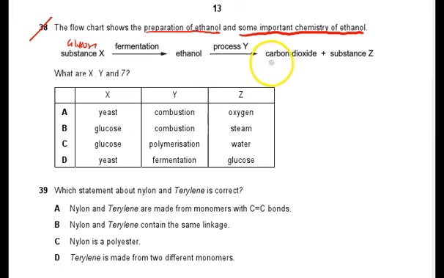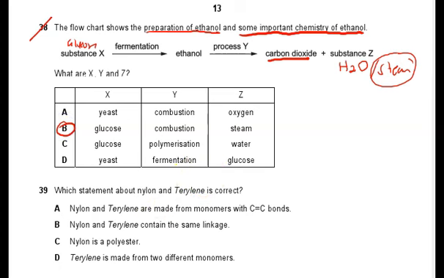Okay, for this process, since it is releasing carbon dioxide, it means it must be combustion, and this one must release water or steam. Should be steam because it's at a hot temperature, right? So your best answer here will be B.